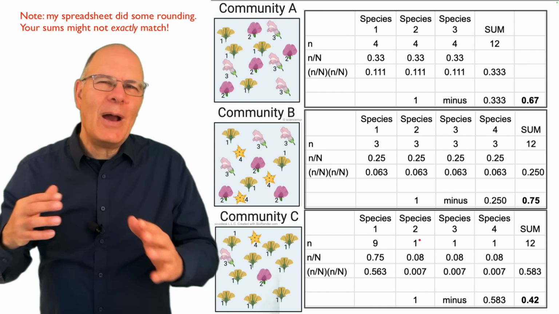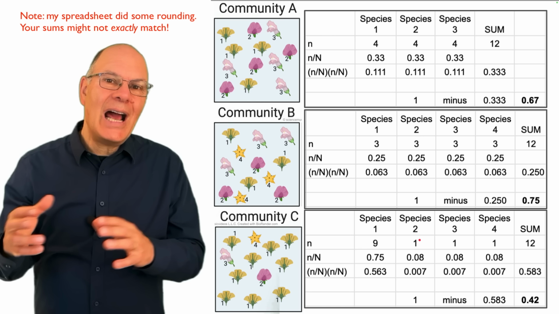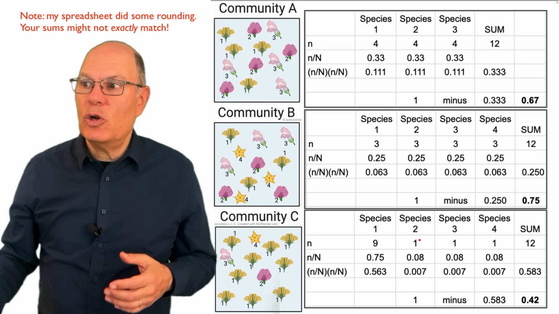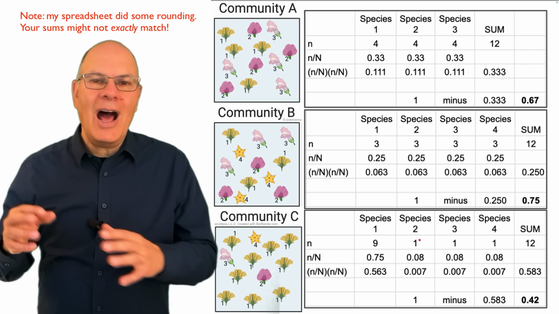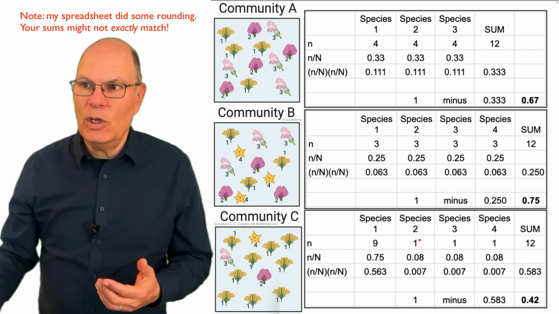And again, think about why that is. It has high species richness and high species evenness. The next community in terms of diversity is community A, which also had high evenness, but its richness was a little bit below that of community B.